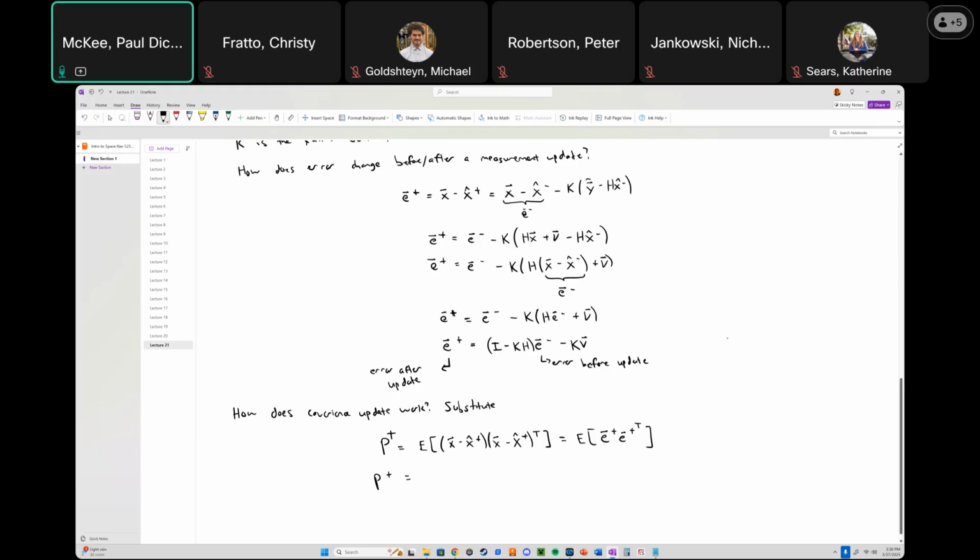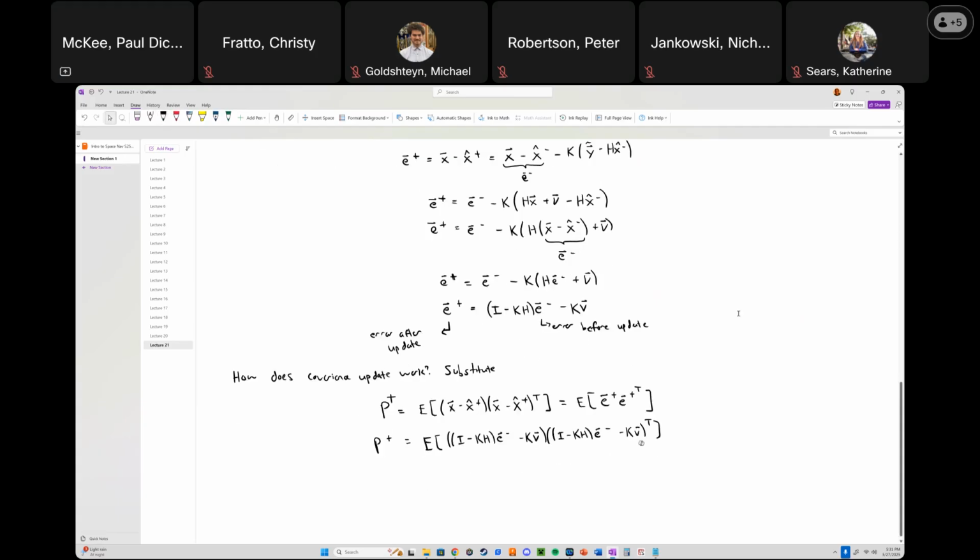That would be some sort of optimal estimator gain, but I'm getting ahead of myself. One thing at a time. Let's substitute. This is the expected value of (I minus KH)E minus K nu, and then that again, (I minus KH)E minus K nu, transpose.